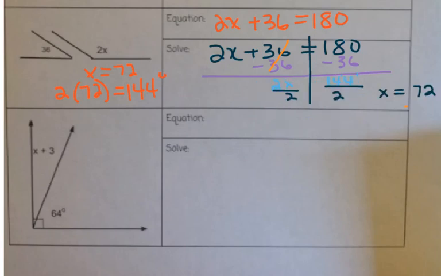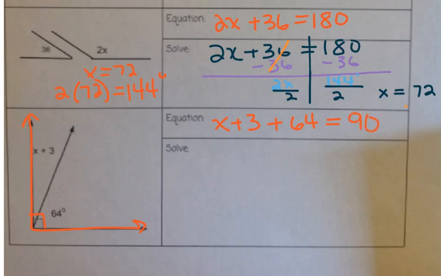Okay, here's our last problem. If you look at the last problem, you'll remember that I've got an angle here, and I've got a right angle. So I know that those two angles have to sum to 90 degrees. That means they're complementary. That gives me my equation. x plus 3 plus 64 equals 90.